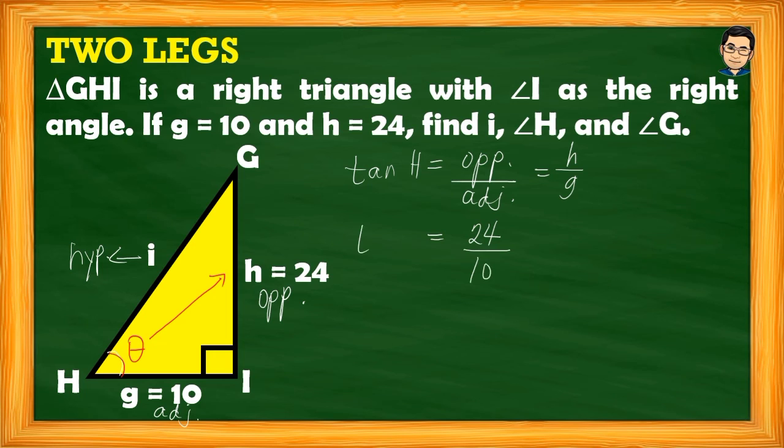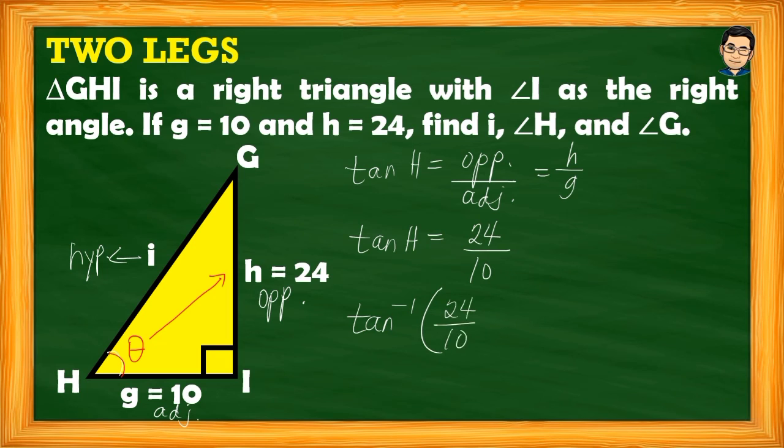So, ratio lang po yan. So, ang hinahanap natin dito is sukat ng angle. So, gagamit tayo ng scientific calculator. Again, press natin sa calcu yung shift and then tangent. So, lilitaw po ang tangent raised to negative 1. And then, pindutin natin yung 24 over 10.